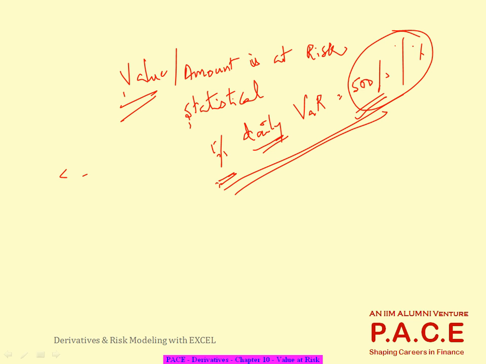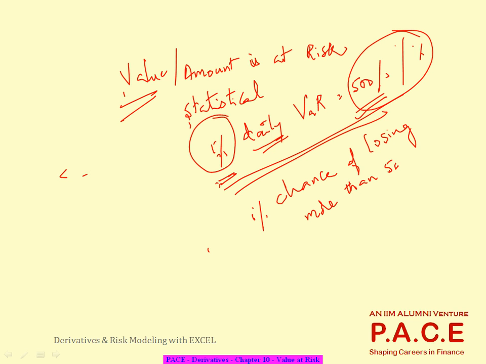So what it means is, there is a 1% chance of losing more than 500 in a day.